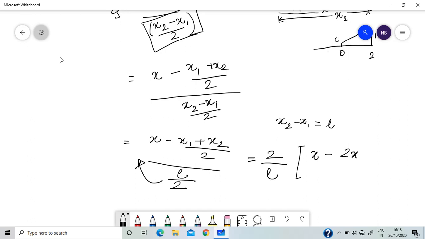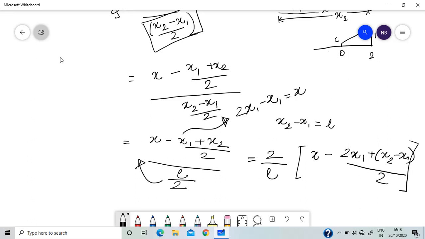So what I'm doing here is, this term here is x1. I can also write this as 2x1 minus x1, which will again give me x1. So that is exactly what I've got. So here 2 will get cancelled.